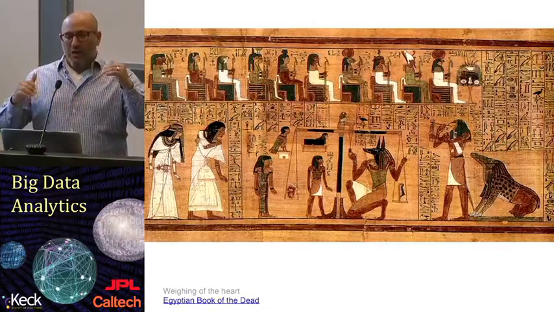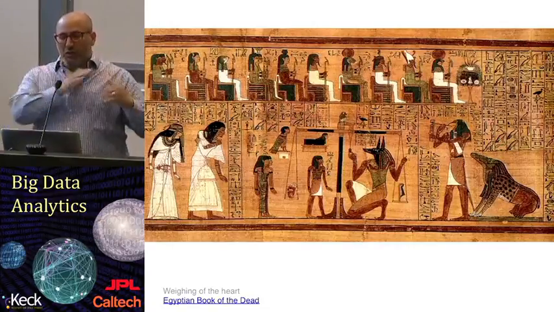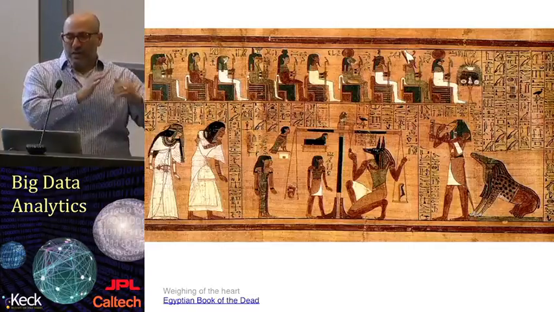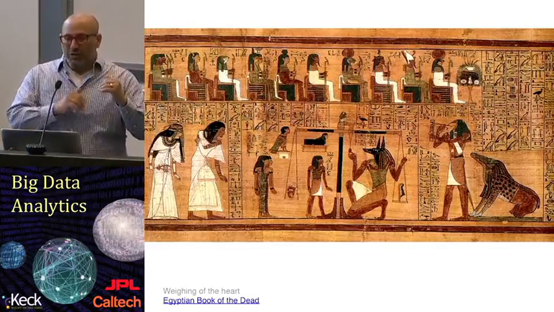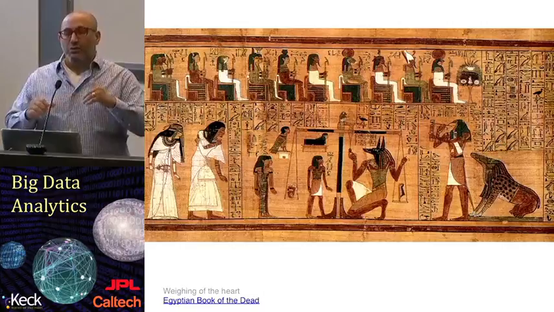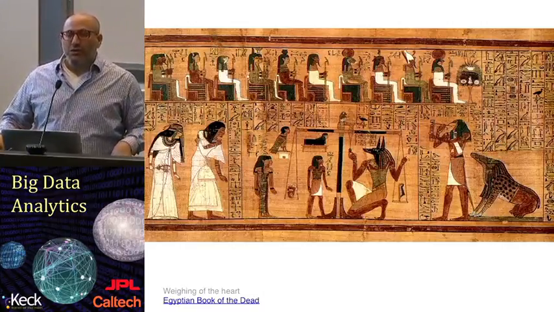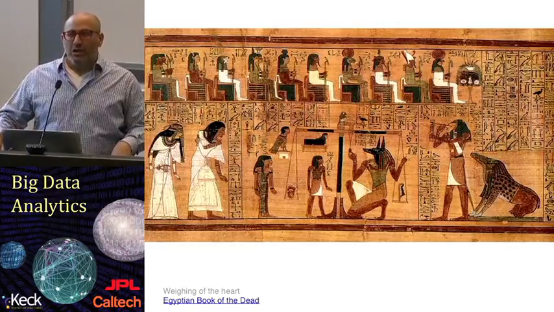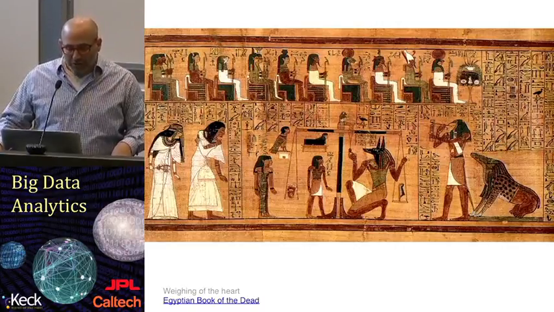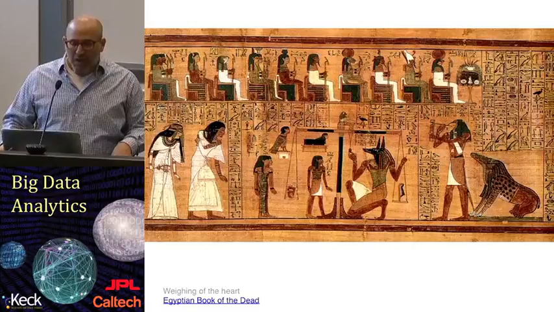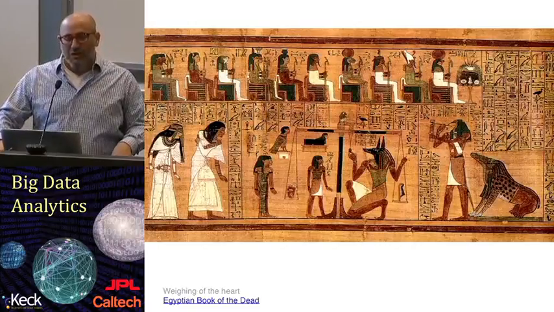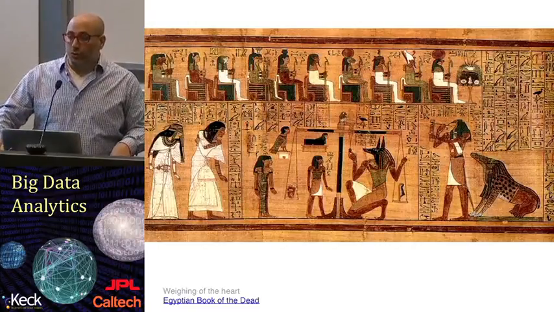And Anubis is twice the size of the human being on his left. Now, we interpret this in modern times not to mean that Anubis was twice as tall as a man, but that he was twice as important as the other figures. And you'll find that the people on the left, who are the same size as the gods, are the rulers.